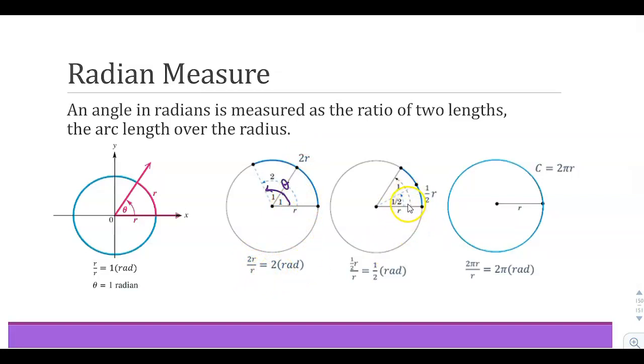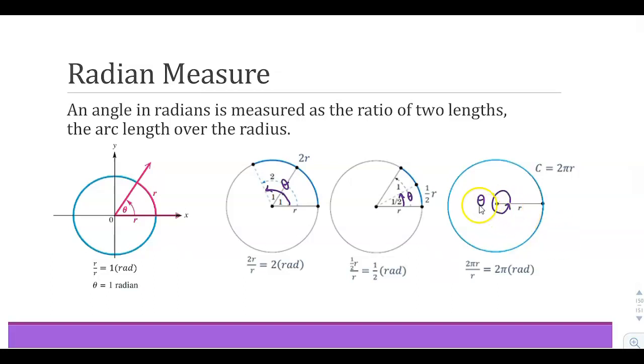In this example, we're looking for the measure of this angle, call it theta. The arc length is only half an r, and the radius is r, so in the ratio 1/2 r to r, the r's cancel, and we end up with half a radian. For this last one, we're looking for the measure of an angle theta that makes 1 complete revolution, all the way around.